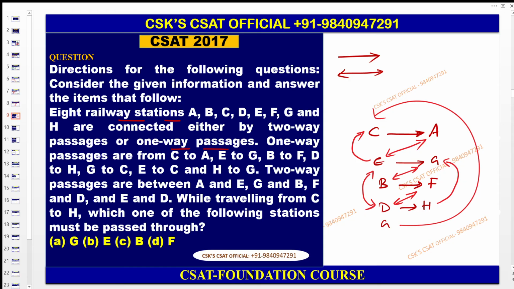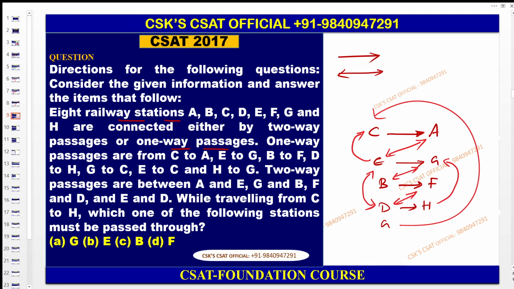C to H you have to move, so only one direction. C to A we can go, then A to E we can come, then E to G we can go. G to B, B to F, F to D, then H.